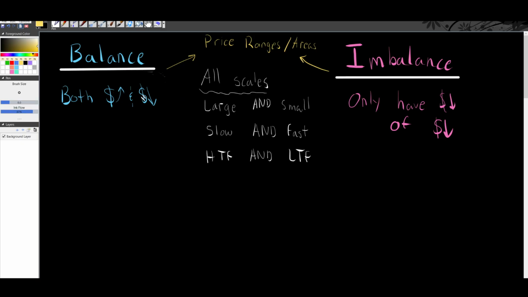So over here on this side, we're going to hear words such as gap, or FVG, fair value gap, or whatever the case is. And then over on this side, we're going to be hearing words such as order block, and words such as consolidation.